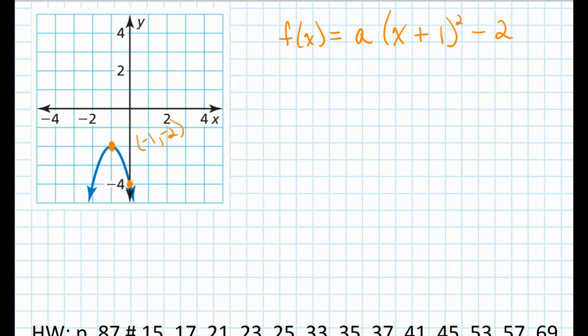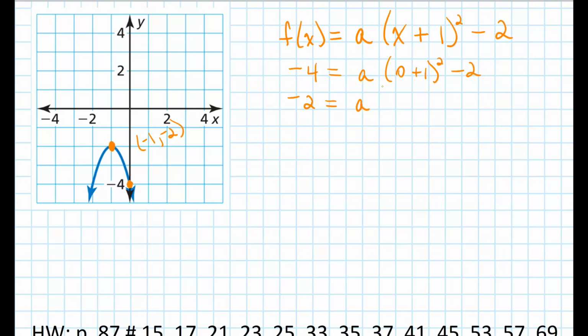Okay, so we're going to have y is equal to, negative 4 equals a times 0 plus 1 squared minus 2. I'm going to add the 2 to both sides. That gives me negative 2 is equal to 1 squared is 1, which is a. What is a?